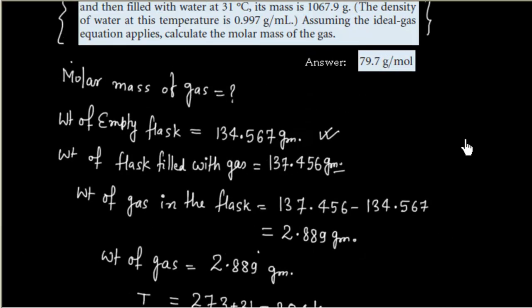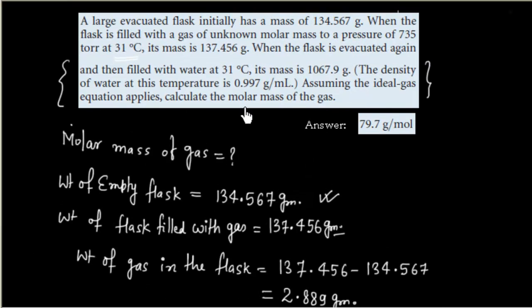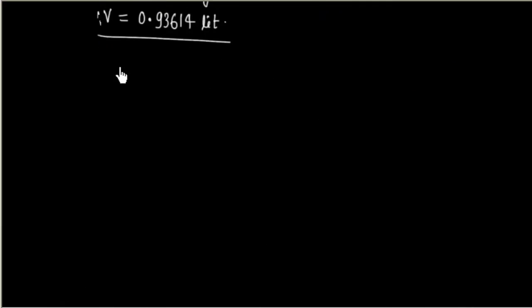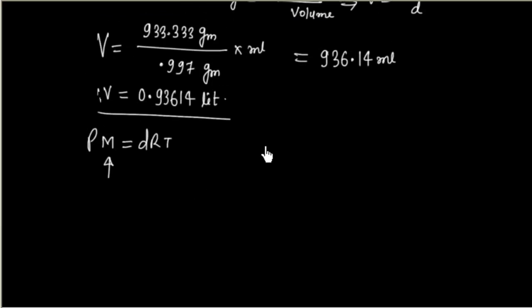Now we can use the formula PM is equal to dRT to calculate the molar mass of gas. Let us first calculate the density of gas, that is d. d is the density of gas, and this is nothing but mass of gas divided by volume.